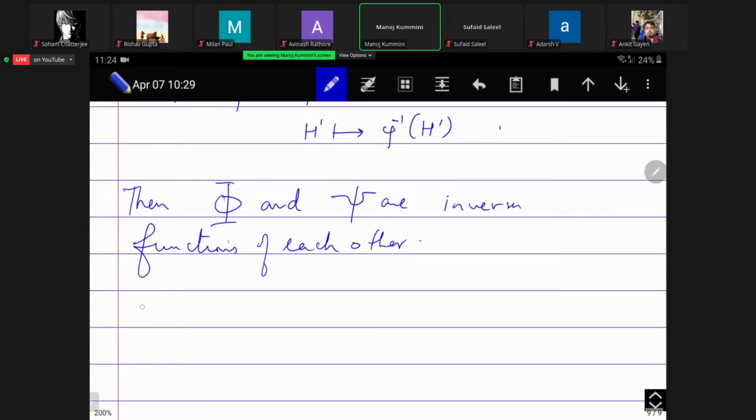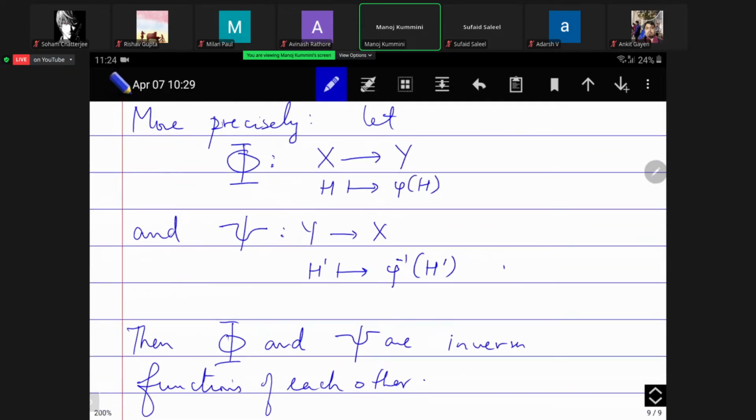So, proof of this correspondence theorem. We have already checked that little phi of H is a subgroup of G prime, and that phi inverse of H prime is a subgroup of G containing the kernel. So capital phi and psi are functions as they claim to be, from X to Y and Y to X. That we have checked using the previous observations.